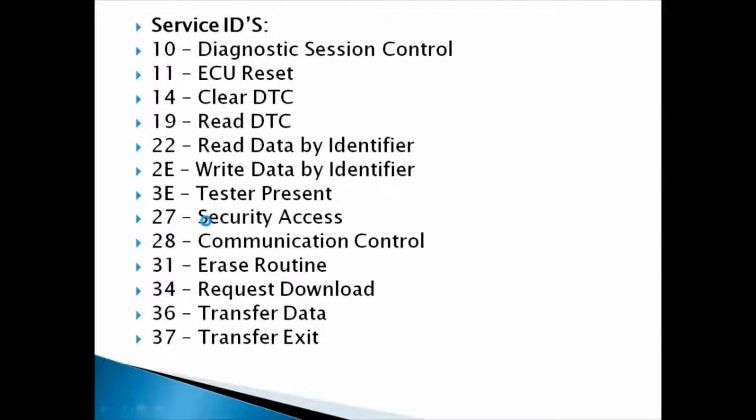27 is the security access. For example, we have a mobile phone, right? In this mobile phone we keep some pattern or pin. Once we set that pin, we have to enter the correct pin to open it. If we give any wrong pattern or wrong pin, our mobile lock won't open, right?